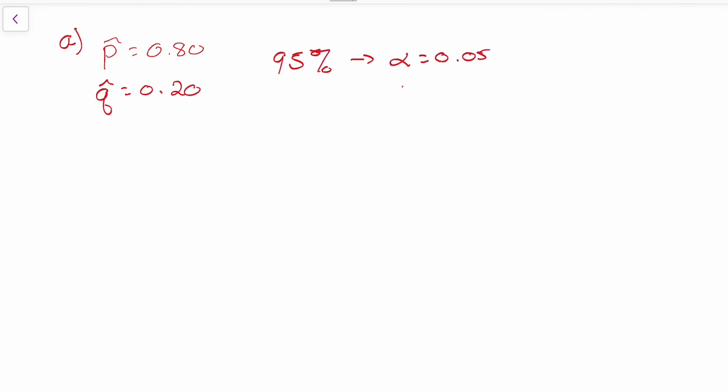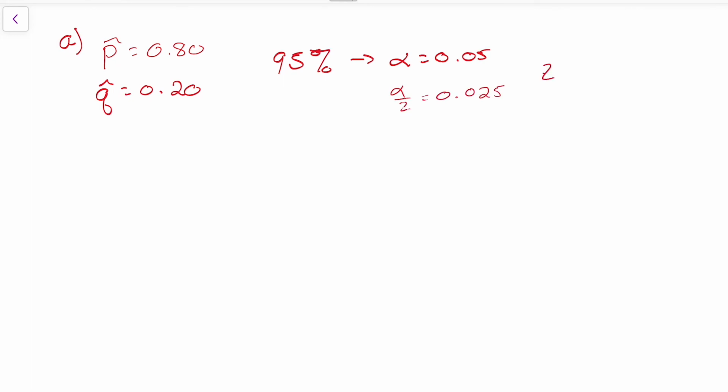So let's go on and look at these examples. All right, in this first part, we're assuming we have a point estimate of 0.80. That means I have a q hat value of 0.2. We also want to be 95% confident. That means we have an alpha value of 0.05 and an alpha over 2 level of 0.025.